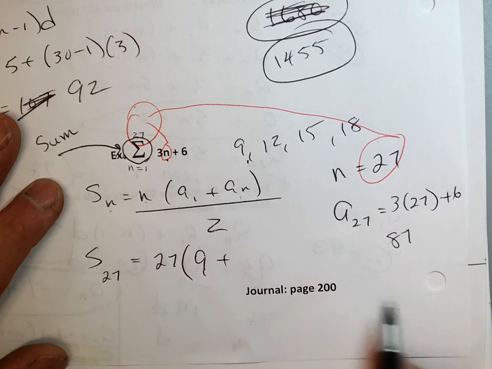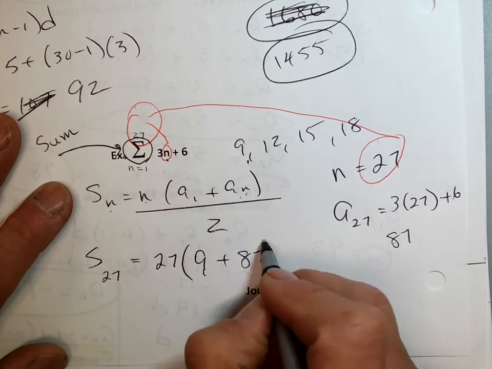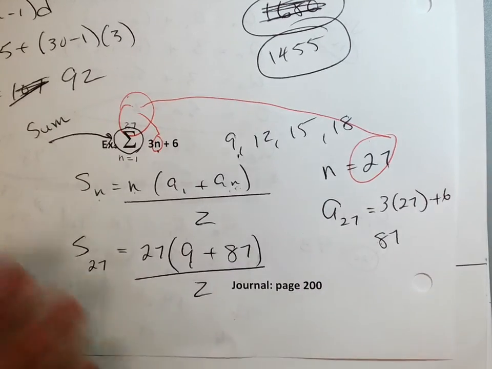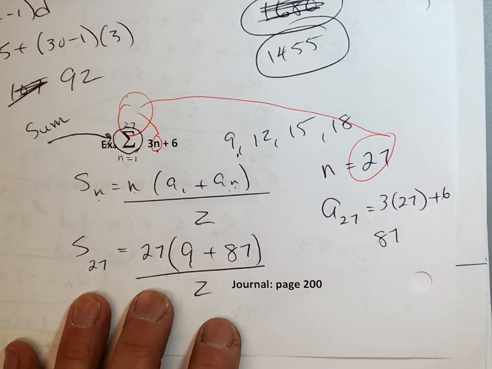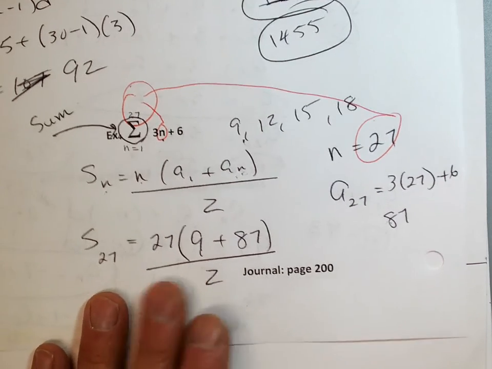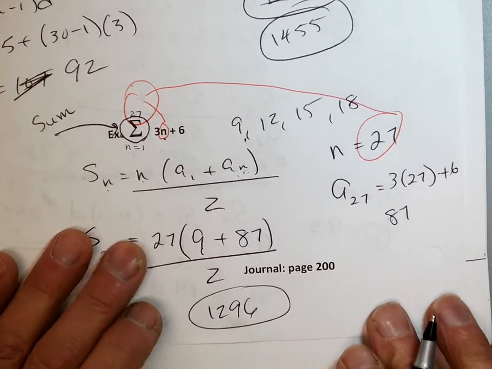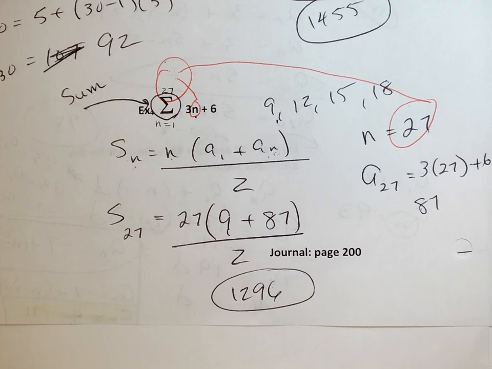A of n, which is a of 27, is 87, divided by 2. 27 times parentheses 9 plus 87 divided by 2. I get an answer of 1,296. Okay, got it. So this one's a little bit harder, isn't it?